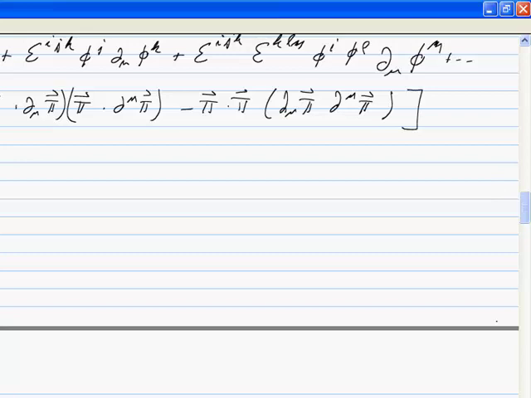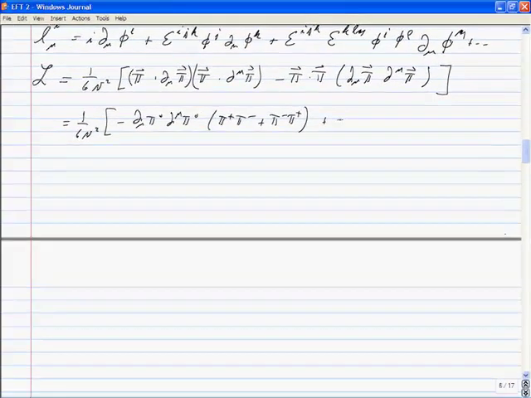It starts off as 1 over 6v squared. The first terms that you find are minus d mu pi 0 and d mu pi 0 times pi plus pi minus pi plus dot dot dot.